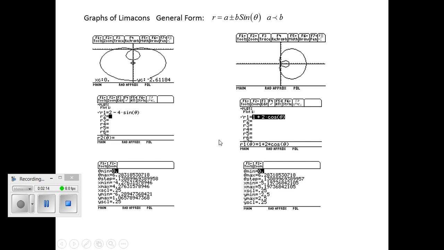I think we'll come back and look at this a little bit more definitively with the Desmos program. The same order, it could be a plus or minus b sine theta or a plus or minus b cosine theta. Of course, this would be the cosine variety, as you can see here. This would be the sine. Hopefully you can distinguish whether it's plus or minus there.